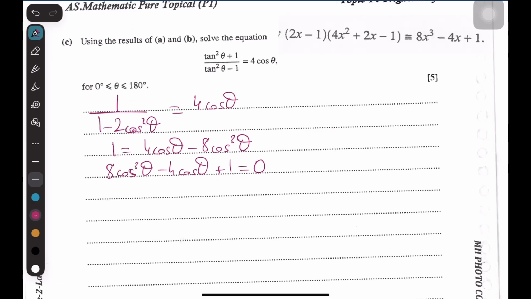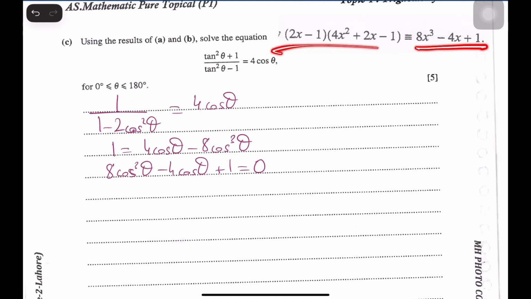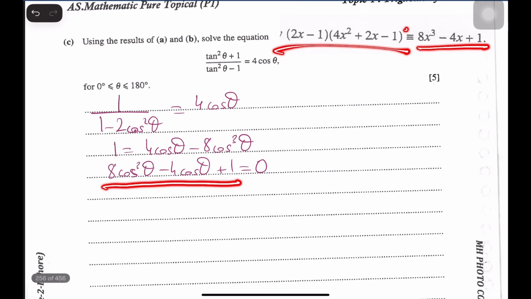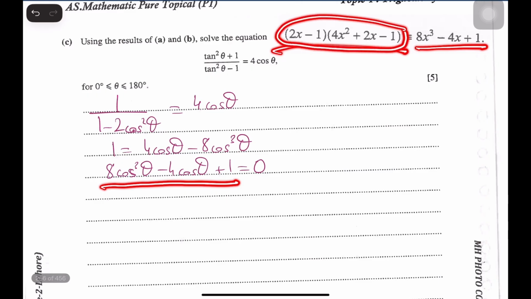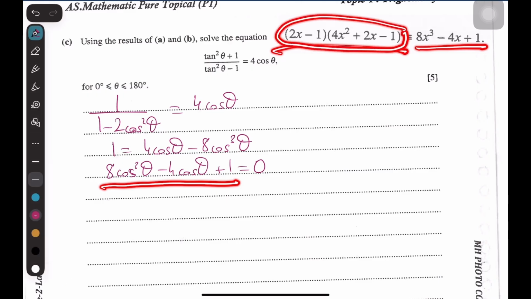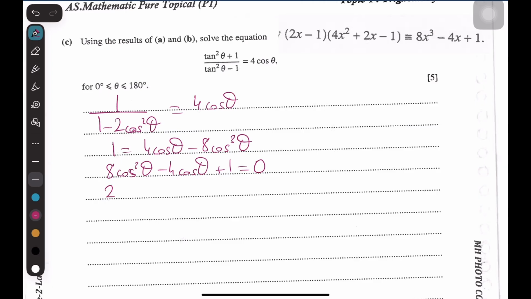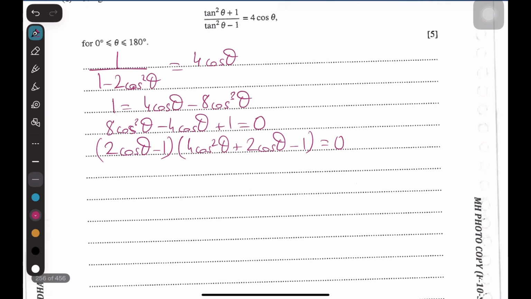So if 8x cube minus 4x plus 1 is equal to this, so 8 cos cube theta minus 4 cos theta plus 1 will also be equal to this same two brackets just with cos. So we can write this as 2 cos theta minus 1 bracket 4 cos square theta plus 2 cos theta minus 1, and this is equal to 0. So we've used both A and B. Now we just need to solve this.